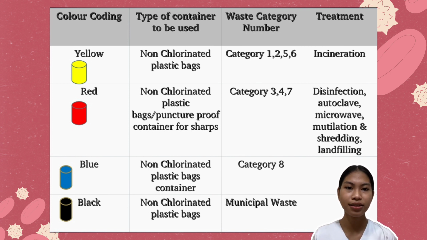The treatment is disinfection, autoclave, microwave, mutilation, and shredding or landfilling. The next is blue. Type of container to be used is non-chlorinated plastic bags container. The waste category number is category 8 and the treatment is none. And the last one is black. Type of container to be used is non-chlorinated plastic bags. The waste category is municipal waste and the treatment is none.